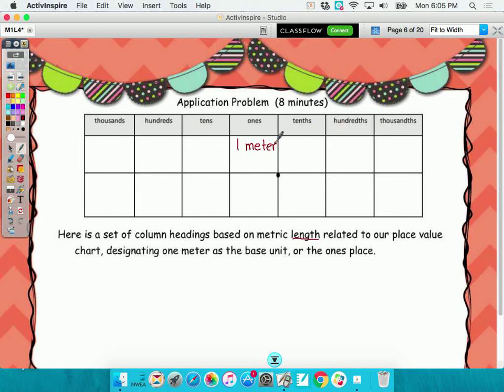And 1 meter, if I change that to 1,000 meters, who remembers the prefix that goes along with 1,000?